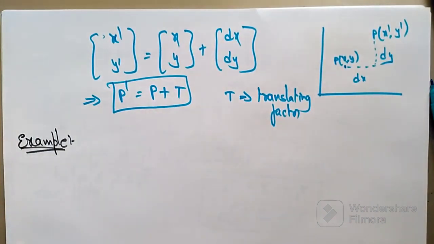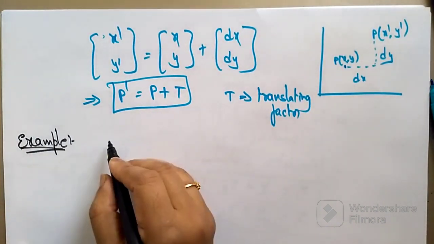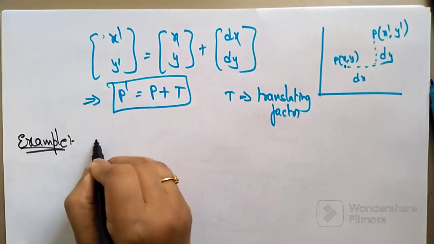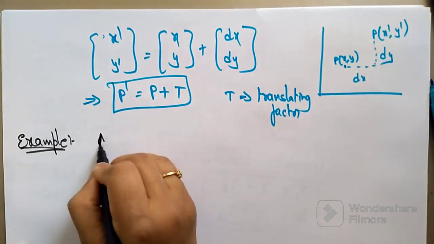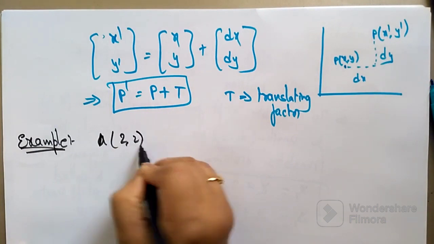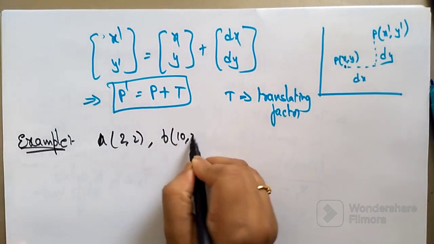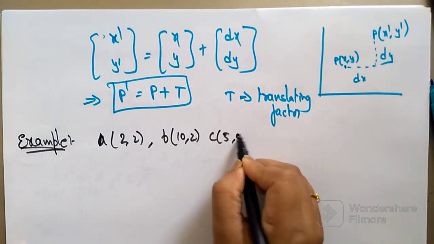Let's take one triangle is given with vertices ABC, having the coordinates A as 2, 2, and B as 10, 2, and C as 5, 5.